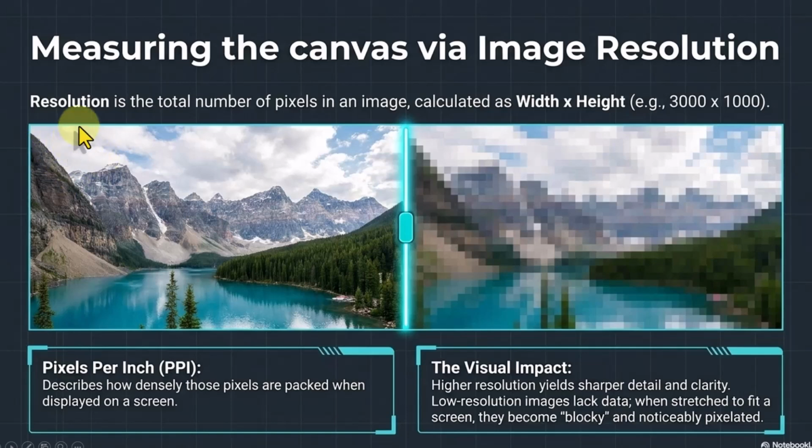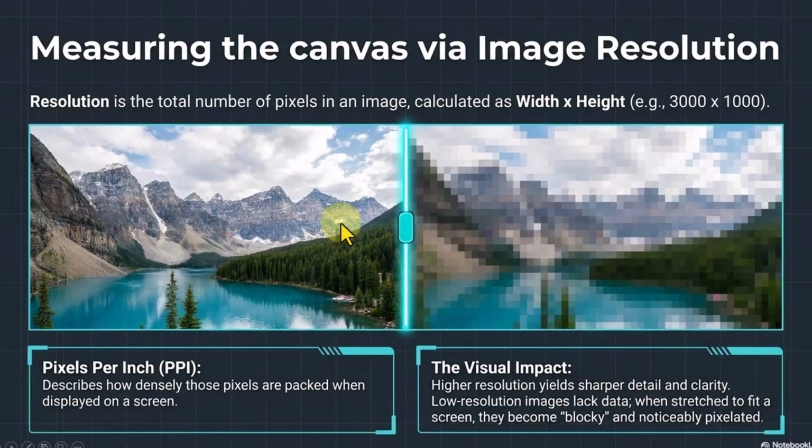But if it's high, it means in 1 inch we have many more pixels, and the pixels are dense, so that results in a better quality image. The impact of pixels per inch, or resolution, is a clearer and more detailed image.